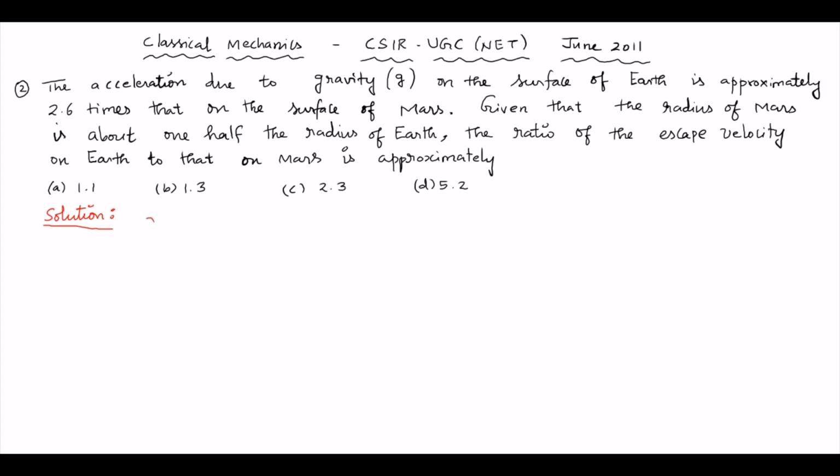So what is first given? Acceleration due to gravity on the surface of the Earth. Let us take the acceleration due to gravity on the surface of the Earth as g_E, and to that on the surface of Mars, whose ratio is approximately equal to 2.6.